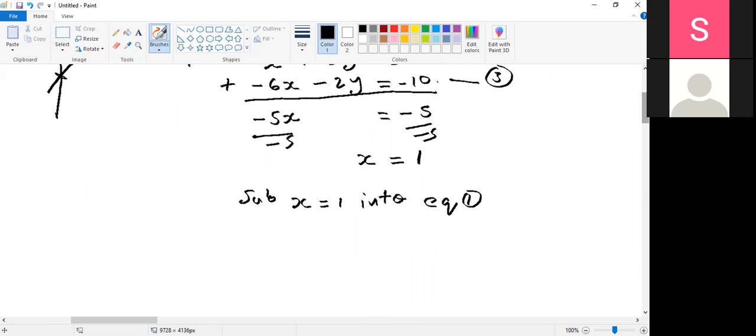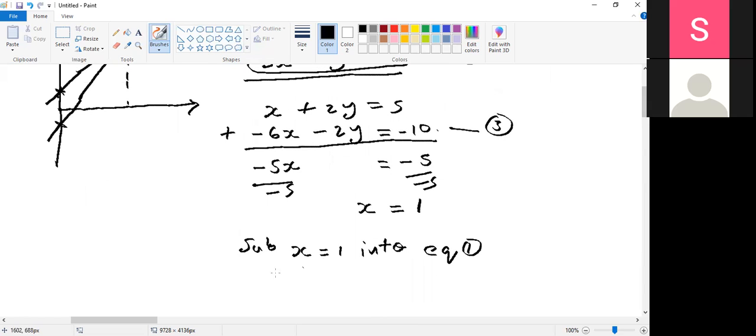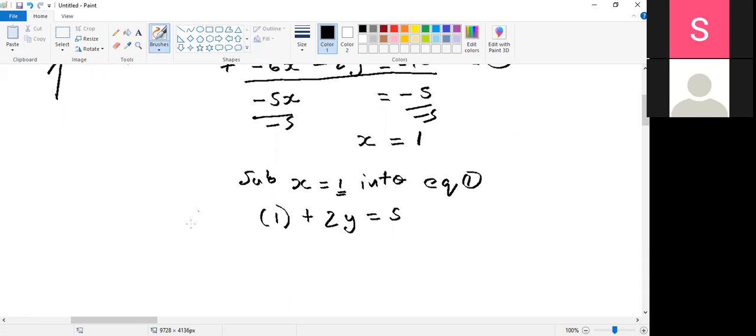So when we do that, we get, and substitution, maybe we haven't done much on that. It just means wherever you see the variable, you put the value that it's referring to, right? So x equal 1. So wherever you see x, you put 1. So 2y equal 5.